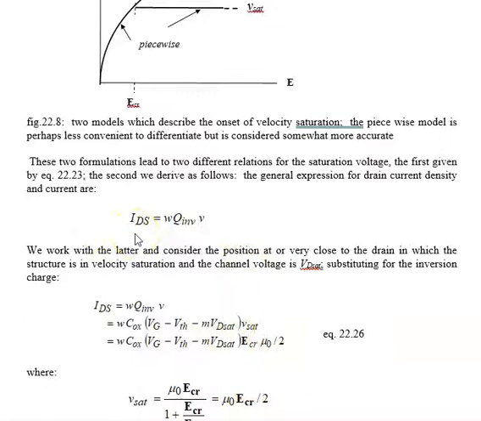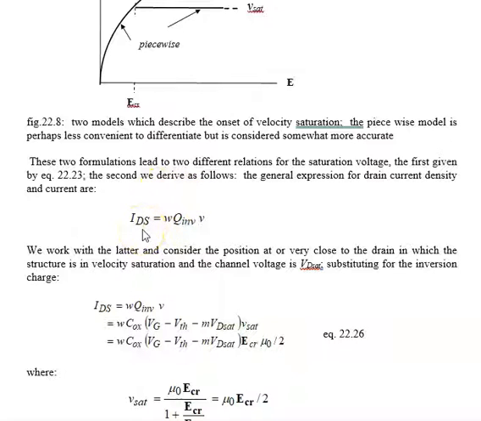Anyway, so again, we write an equation for IDS. So this is the drain current, output current, and it's equal to the width of the device multiplied by the inversion charge density multiplied by the velocity. Quick unit check. Generally, we start with J, the current density, is equal to nev.